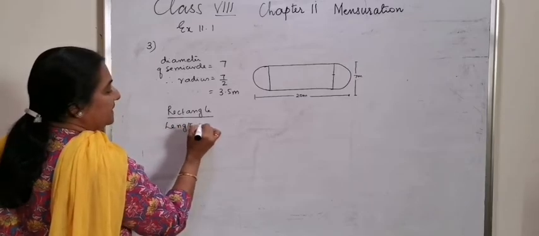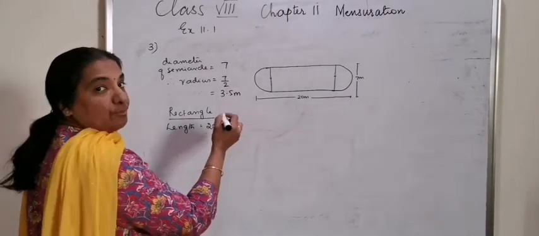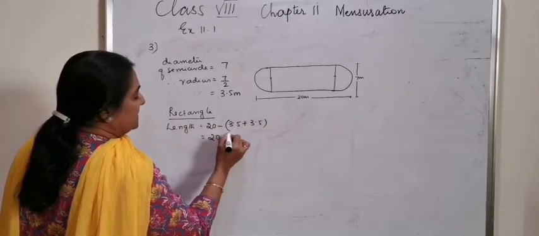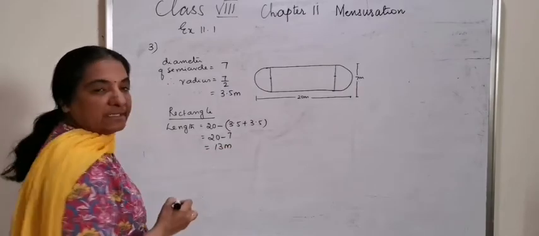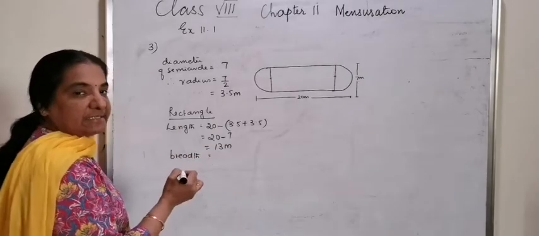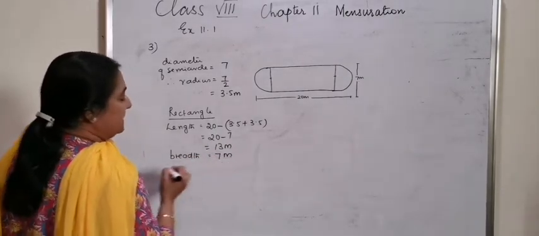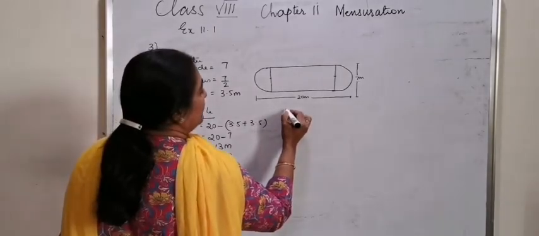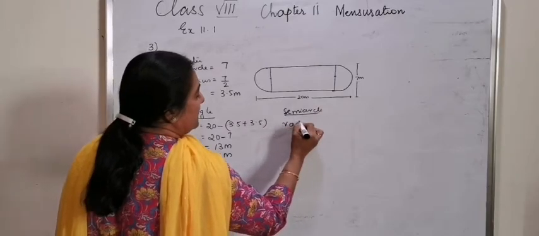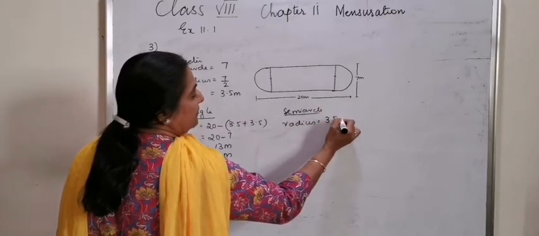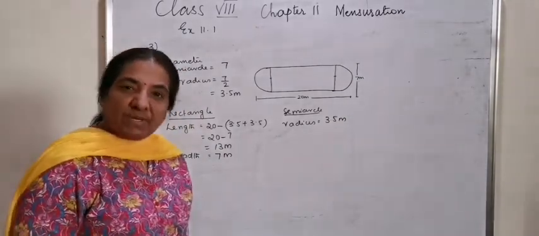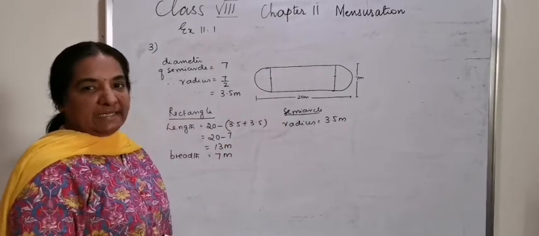The length of the rectangle will be 20 minus, from both the sides, 3.5 plus 3.5, or 20 minus 7, which is equal to 13 meter, and the breadth of the rectangle will be 7 meter. And now for the semicircle, radius will be 3.5 meter. We have to calculate the perimeter as well as the area of this particular figure.